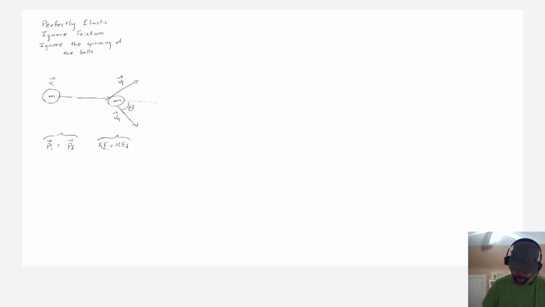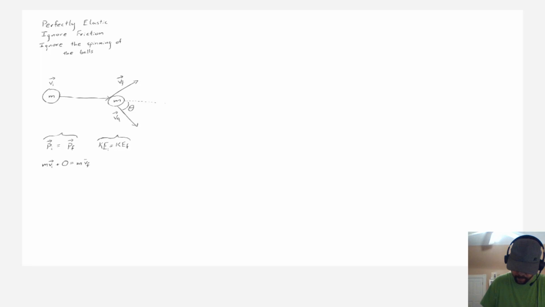So what we have then, and the masses of the balls are the same, is mass times velocity initial as a vector, plus mass times the velocity of the 9 ball, which has initial velocity 0, so actually we can say plus 0, equals the mass of the cue ball times velocity final as a vector.